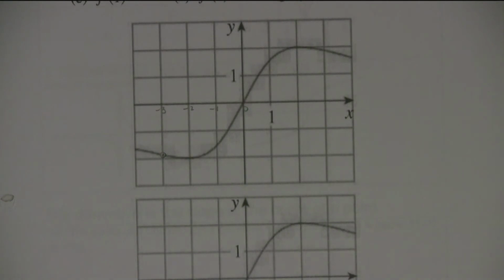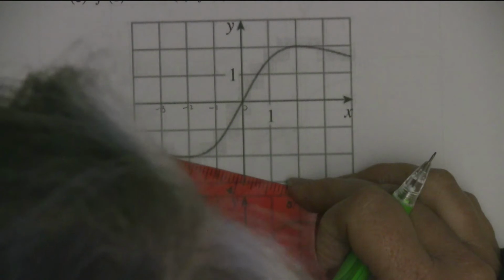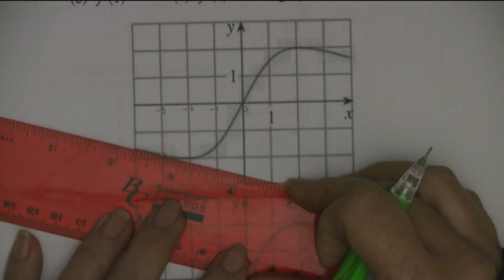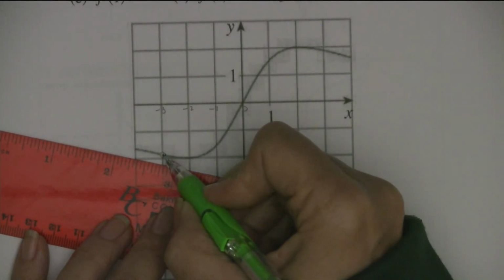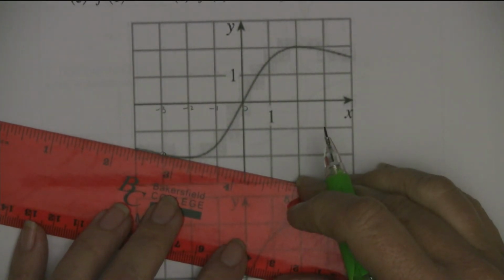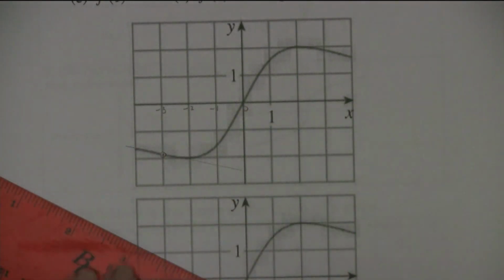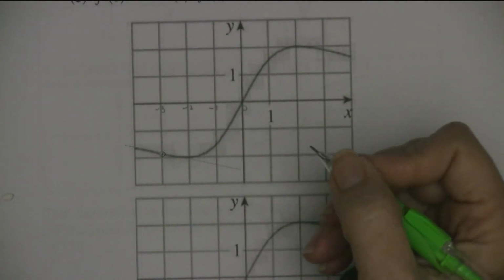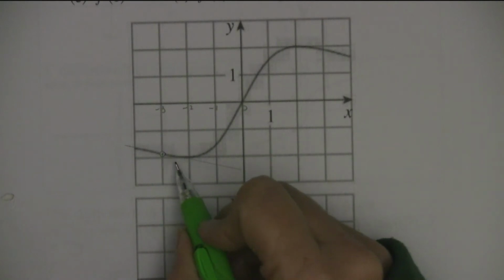Now, a way of estimating the slope, and there's different ways of going on it, but a way that I have found kind of good is that you're trying to figure out and draw the tangent line. So I'm trying to draw a line that looks just like the curve at that point, and so that's just tangent to it. And then what I do to do the estimate, and you can do it differently, it doesn't matter, is then I try to come up with another point.